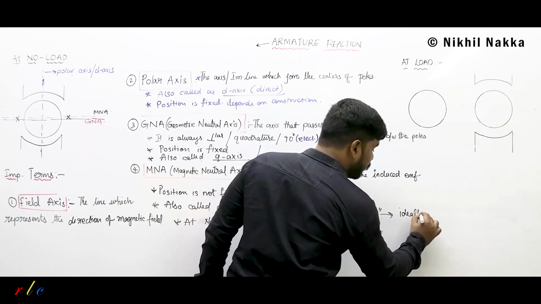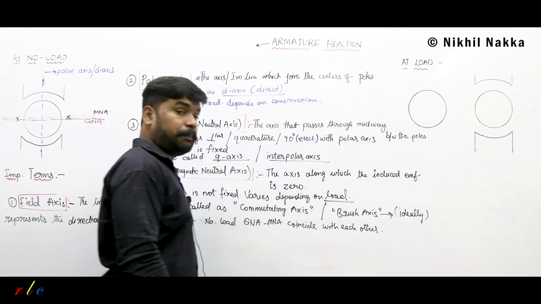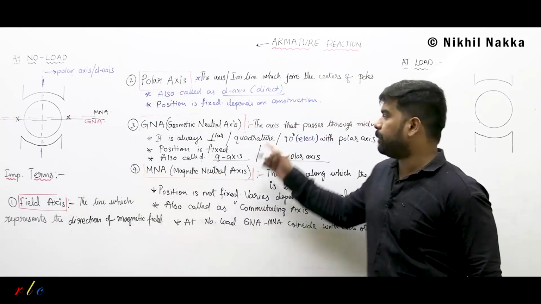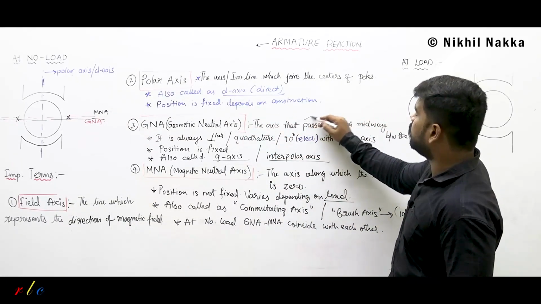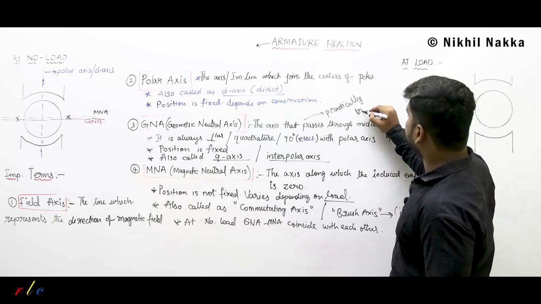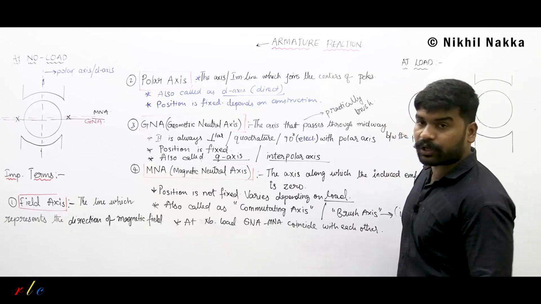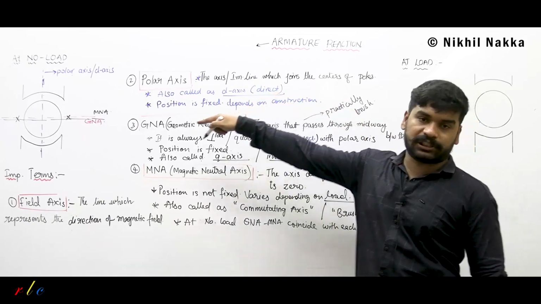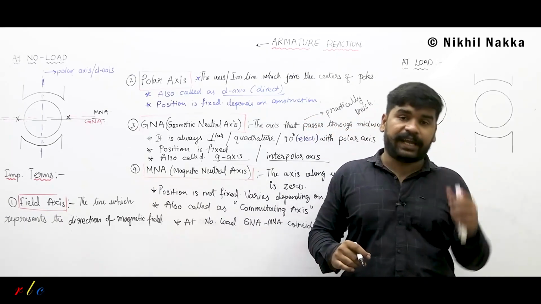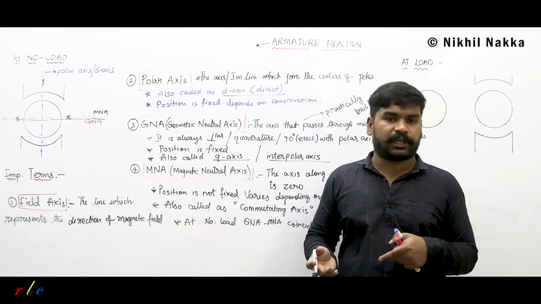But practically, where do you place the brushes? Practically, brushes are placed along the GNA. So you have to look in the question whether it is given practically or ideally, theoretically, something like that.